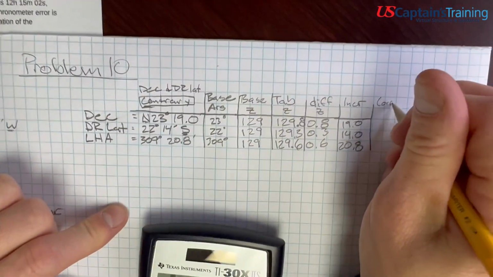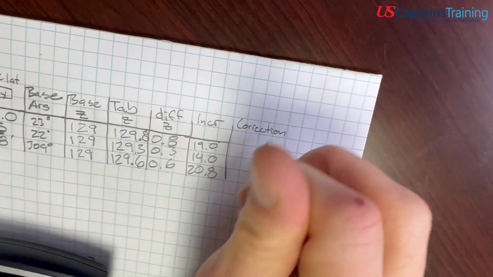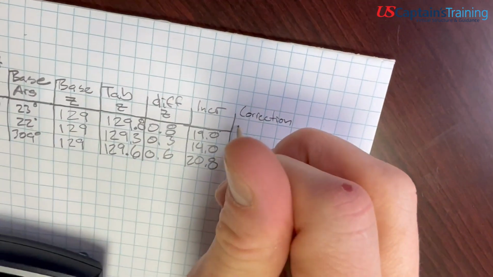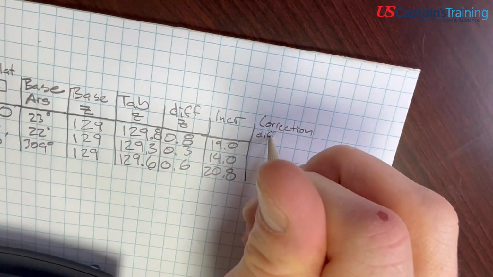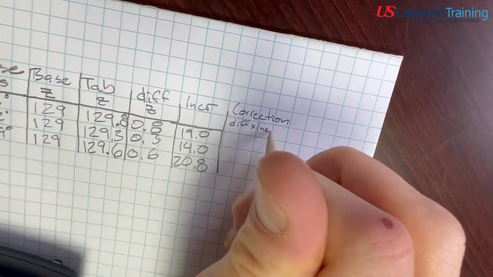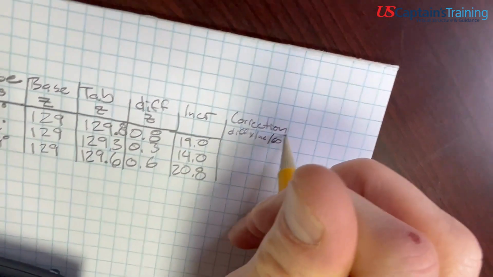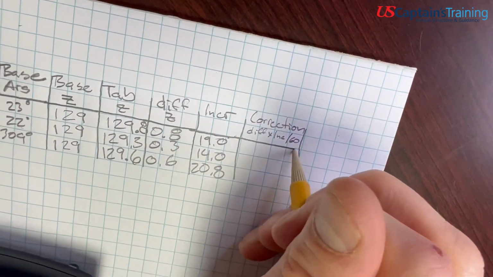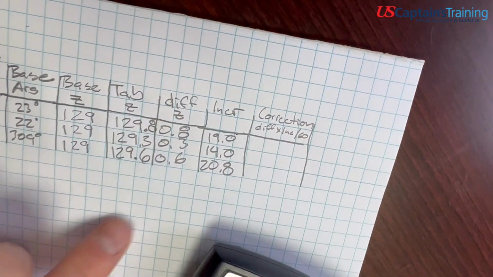And now we can find the correction. So the correction is equal to the difference times the increments divided by 60. That's our correction. So let's just punch that in.